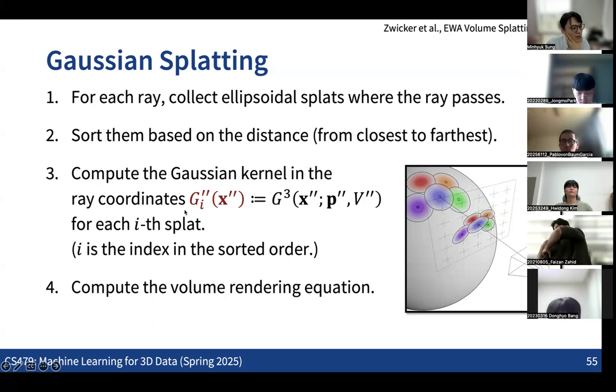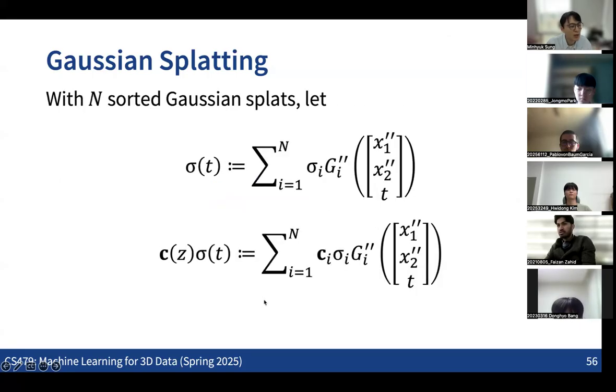Once we collect all the Gaussian kernels defined for each of the Gaussian splats, we are now going to compute the volume rendering equation. In our volume rendering equation, we now consider that the opacity term is defined like this. The opacity term is defined as the opacity of each splat, weighted by the Gaussian kernel here.